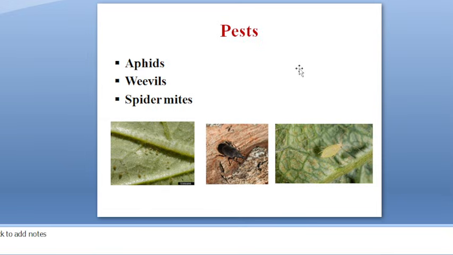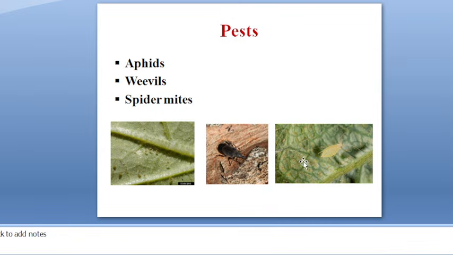Some of the pests and diseases in case of strawberries are mainly aphids, weevil, and spider mites. These aphids, as you can see here, come under sucking pests. They suck the sap from the leaf area and affect the photosynthetic ability of the leaves.